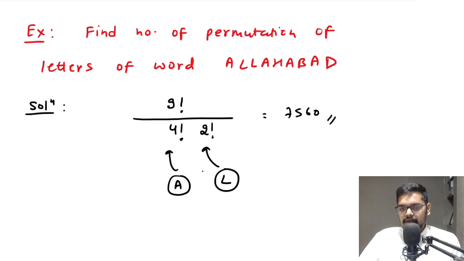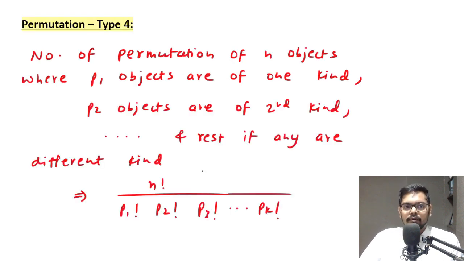Okay, so that is your next type, type 4 in permutation. Number of permutation of n objects where p1 objects are of one kind, p2 objects are of second kind, p3 are of third kind, and so on and so forth, and rest if any are of different kind. Then in that case n objects are arranged in n factorial ways, then p1 objects are of same kind. So let me say that there is one letter which is repeating p1 times, so divide by p1 factorial.